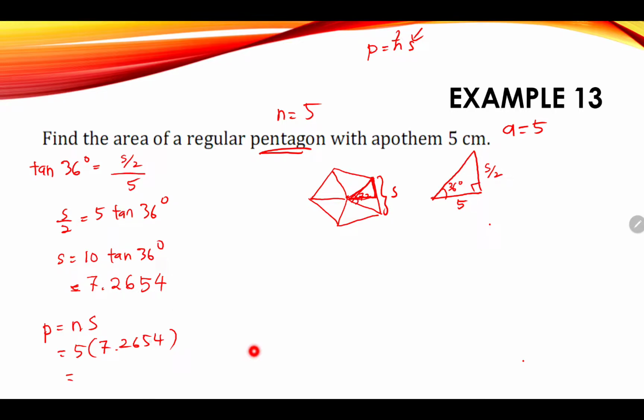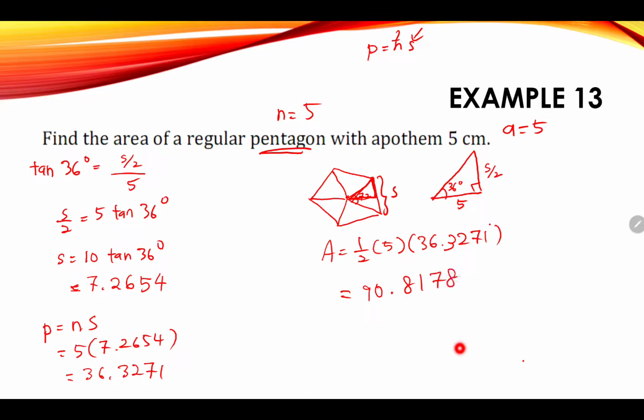So the answer is 36.3271. Okay, and insert in the formula for area 1 over 2 AP. What is our A? A is 5 and P. Okay, times 5 divided by 2. So the answer is 90.8178 cm square.